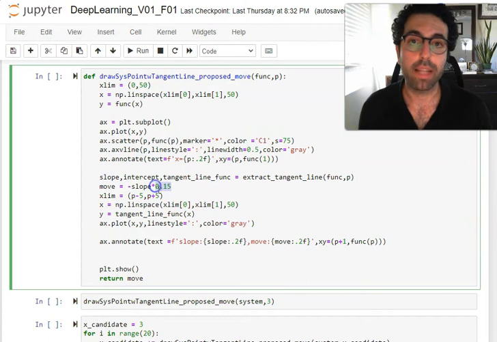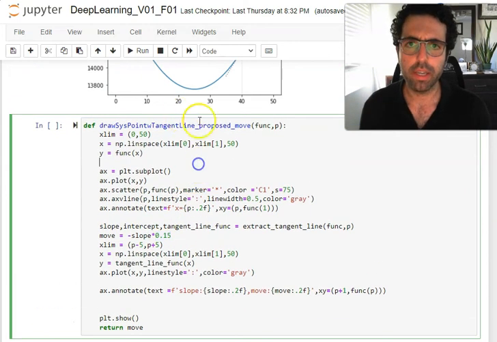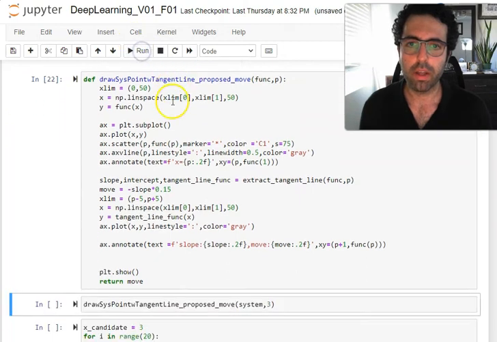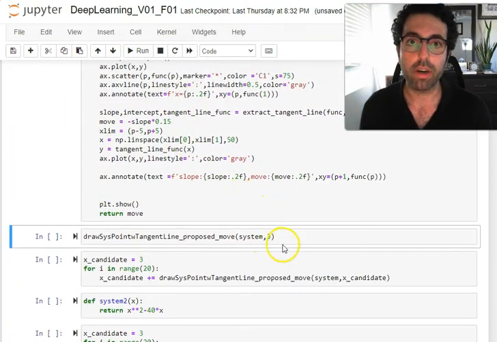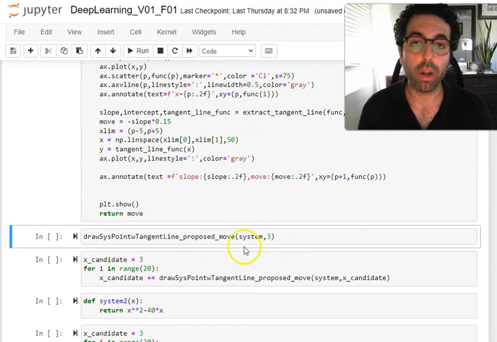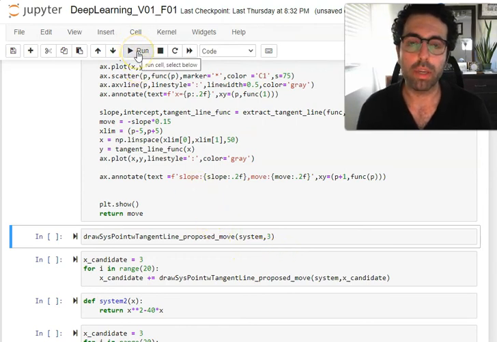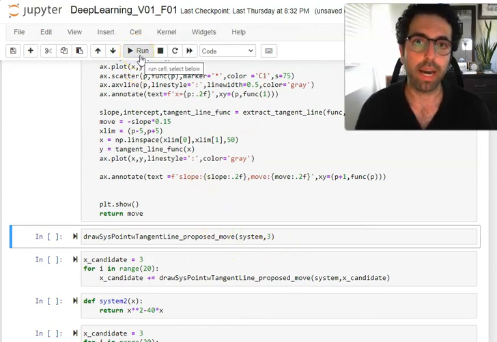If you are going to use gradient descent in actual production in a methodical way, you would have to tune this learning rate. But here we've set this learning rate at 0.15. So this function is going to give us a proposed move and also draw the point we are right now, and the slope and the tangent line.